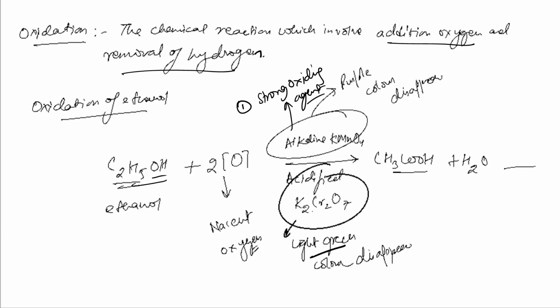Note it down, please. And why is it considered an oxidation reaction? Because removal of hydrogen is taking place. You see here there are 6 hydrogens, 5 and 1, but here it is 4. There is only one oxygen here, and 2 oxygens there. So addition of oxygen and removal of hydrogen is taking place here. Note it down, please.